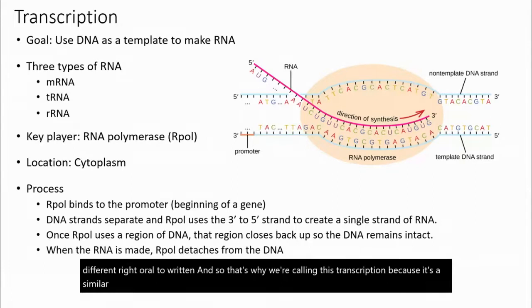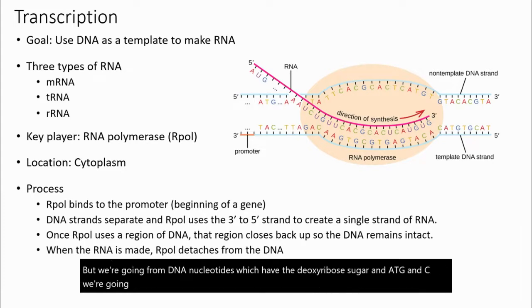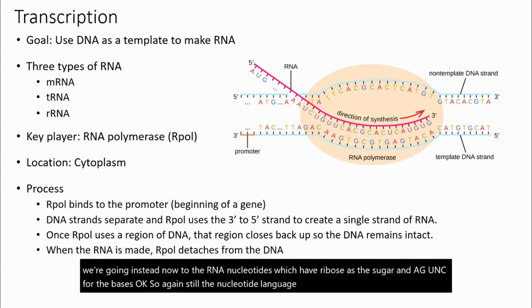We're still speaking nucleotides, but we're going from DNA nucleotides, which have the deoxyribose sugar and A, T, G, and C, to the RNA nucleotides, which have ribose as the sugar and A, G, U, and C for the bases. Again, still the nucleotide language, but a little bit of differences there.